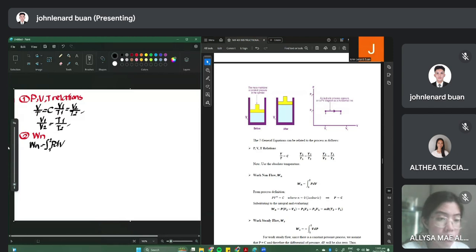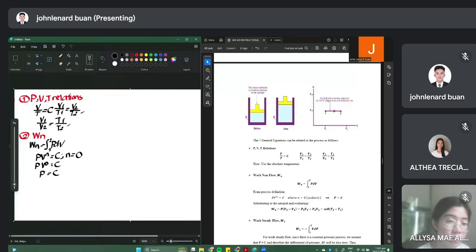Okay? So, again, from its process definition, where PV raised to n is equal to C, where n is equal to 0, which implies an isobaric process, we can say that P V raised to 0 is equal to C, anything raised to 0 is equal to 1, which will give us pressure is constant.